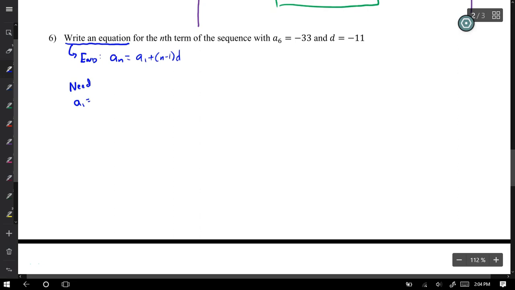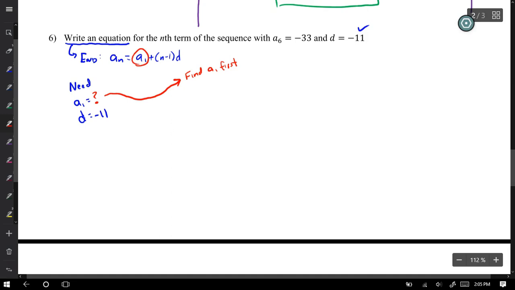I need my difference. Well, I have my difference. It tells me it's negative 11. That's not bad. I don't have a1. So that means I have to start by finding a1 first. I'm missing it. I know I need it in order to write that equation.